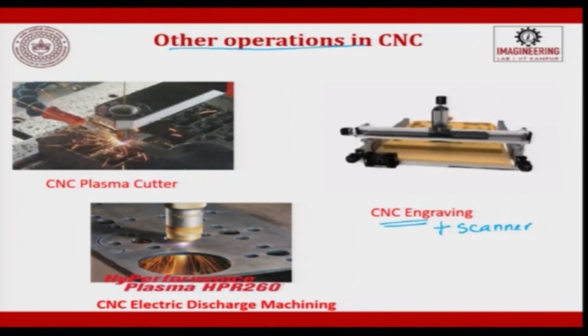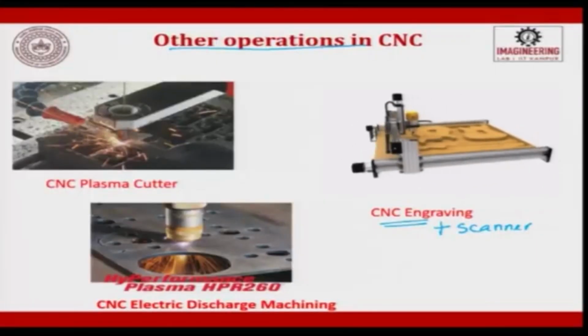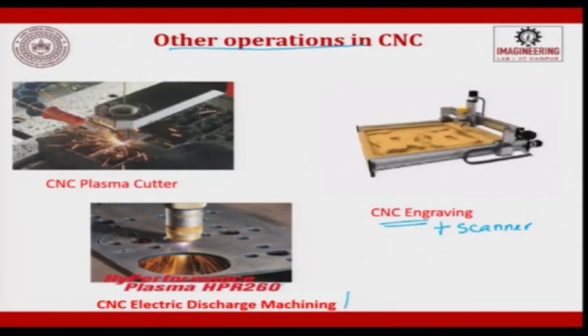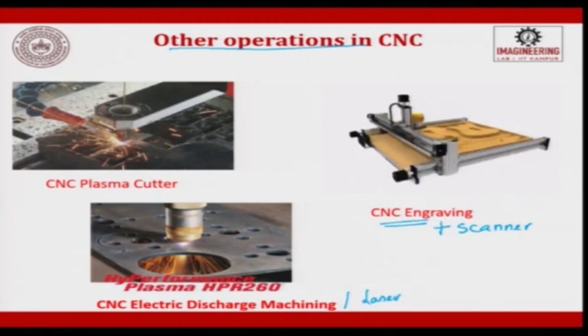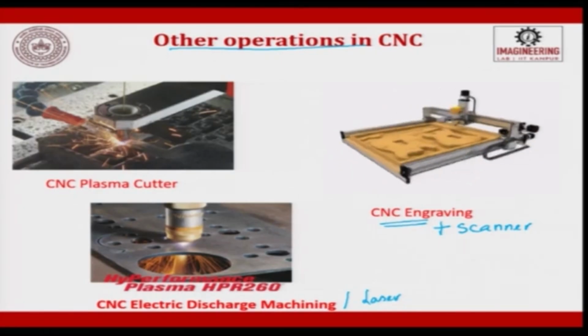That converted XY data is engraved on a board and you try to get the object. So, the other operations of CNC are plasma cutting, engraving, and it is also used for electric discharge machining and laser assisted machining. So, these are the other processes where CNC is exhaustively used today.